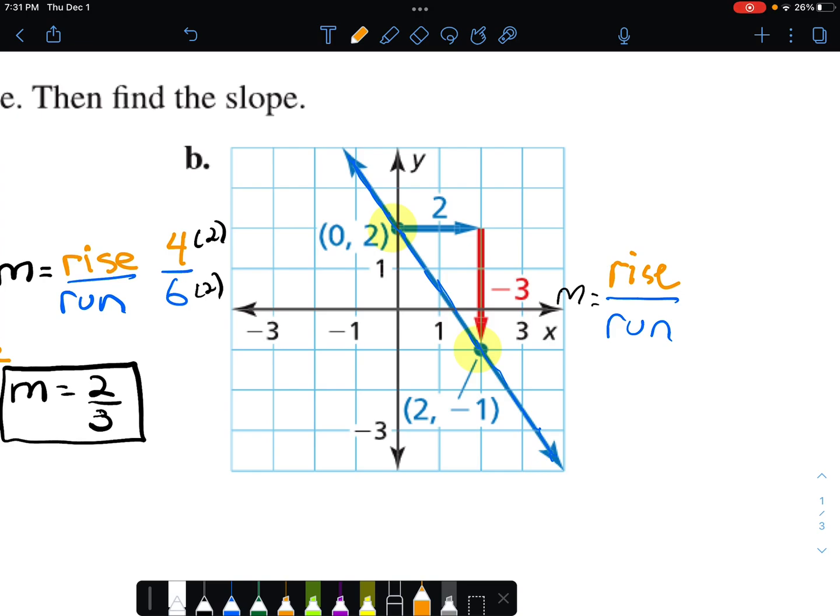So if I look at my first number, I'll say that's 0, 2. And I want to go down, and we're going to get all the way to here, which is to that second point, which is -1. So my rise is 1, 2, 3.